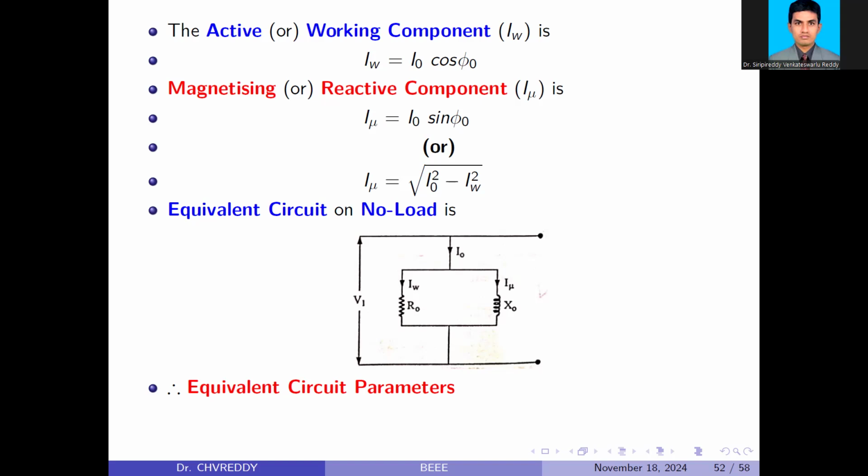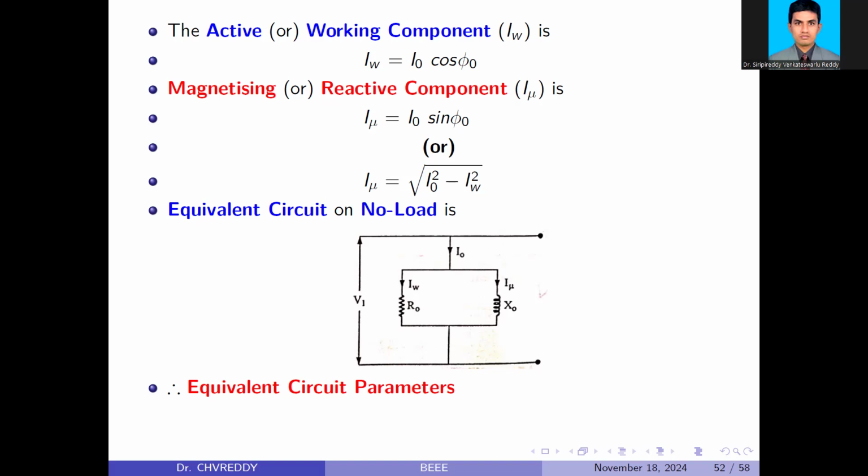That is the combination of the OC and SC tests. When considering only the OC test, we calculate the following parameters: the no load current, the core losses or iron losses, and the equivalent circuit parameters R0 and X0. We have already calculated I0 and the iron losses.